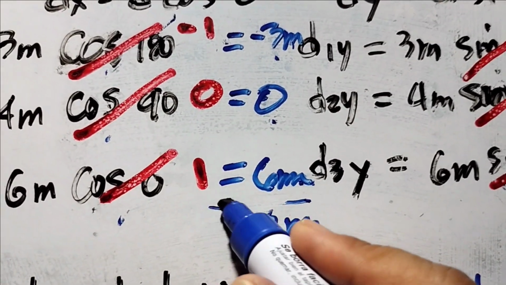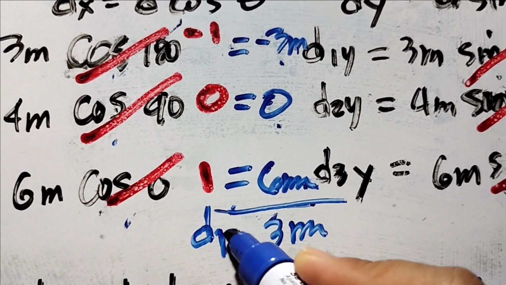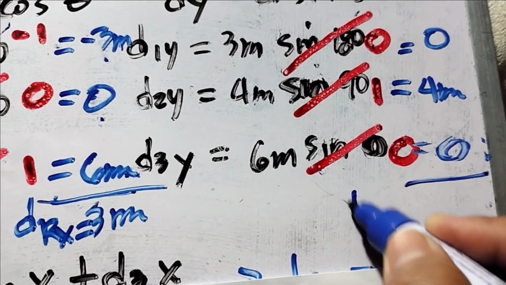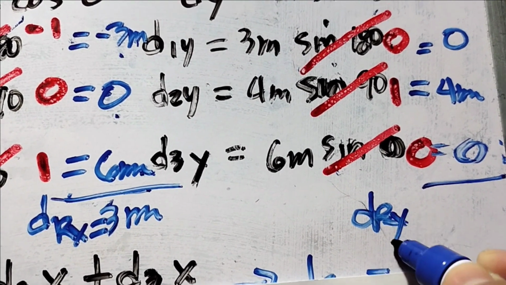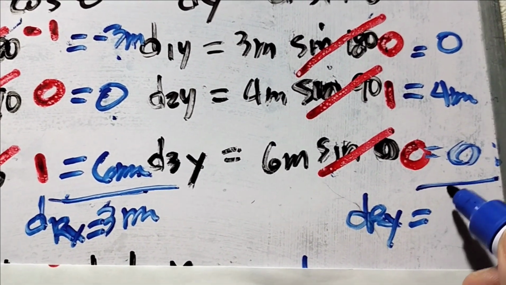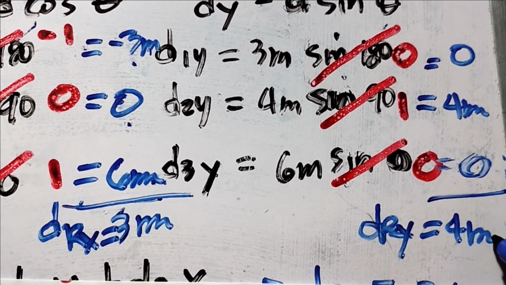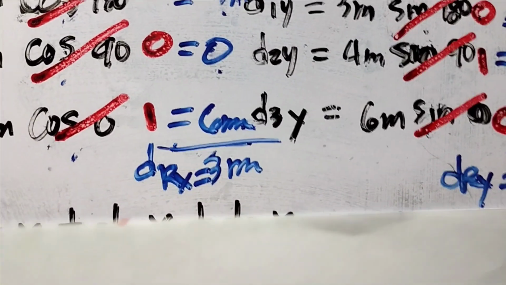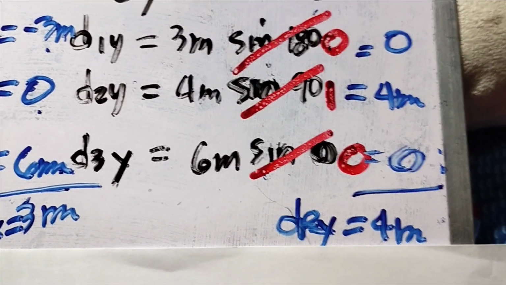So that is the sum of the resultant along x. And then this is along y. That gives you 0 plus 4 plus 0, that is 4 meters. So DRx is 3 meters while DRy is 4 meters.